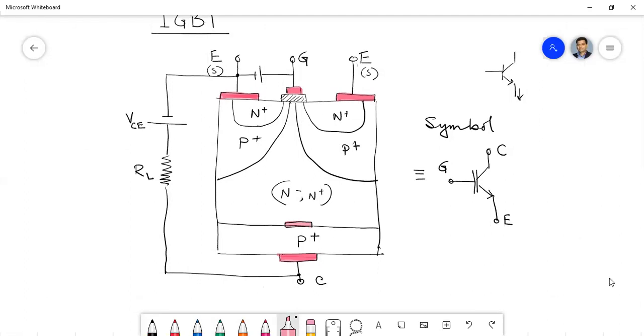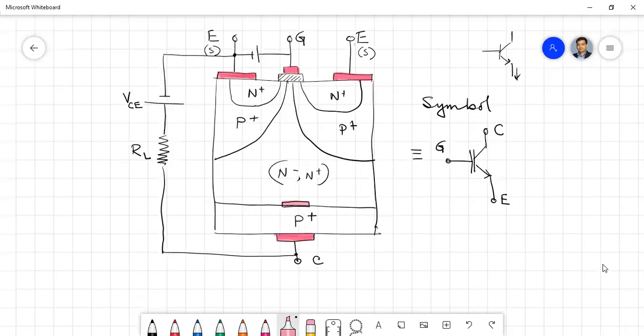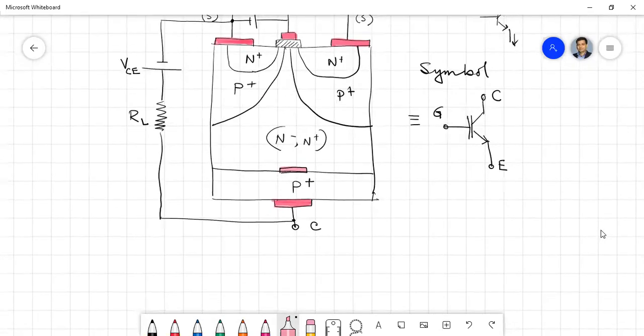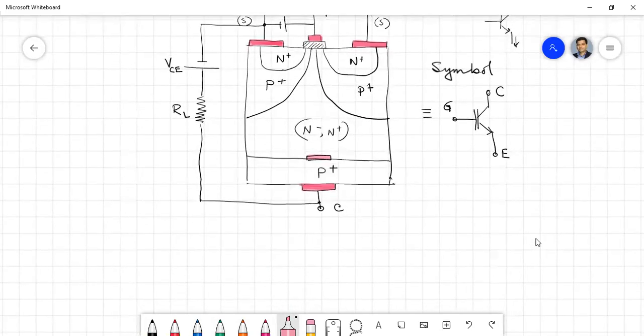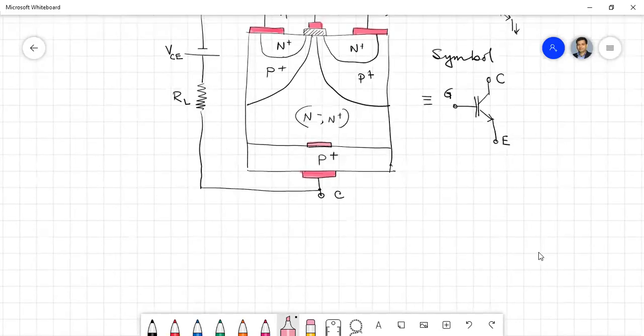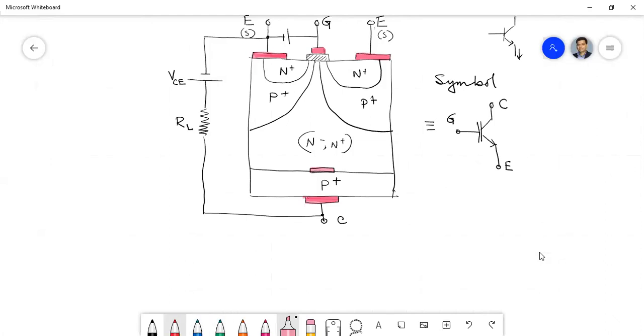Now, if we try to draw the equivalent circuit of this combination of MOSFET and BJT, how will it look? So, how can we visualize this vertical structure with our conventional knowledge of MOSFET and bipolar junction transistor? As we can see, it's a simple MOSFET. So, we can draw a MOSFET like this. Here we have the gate, and it's an N channel.